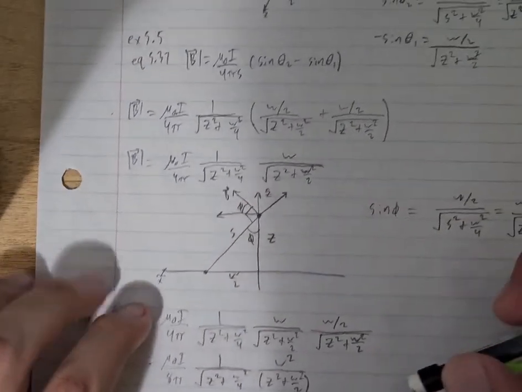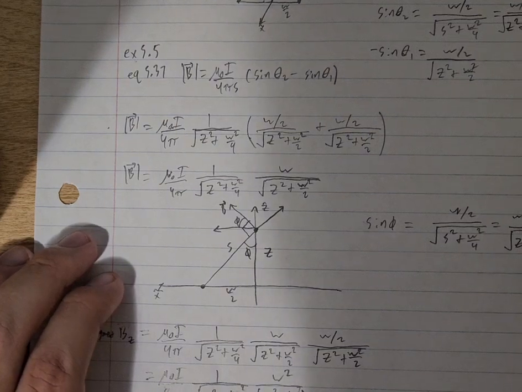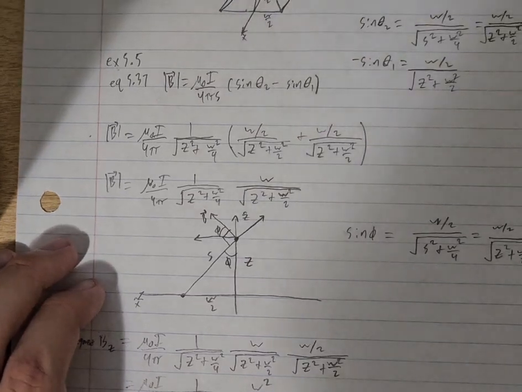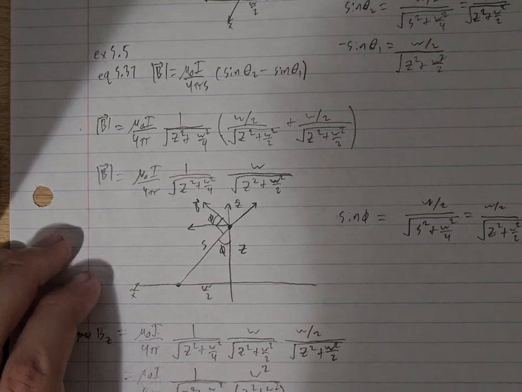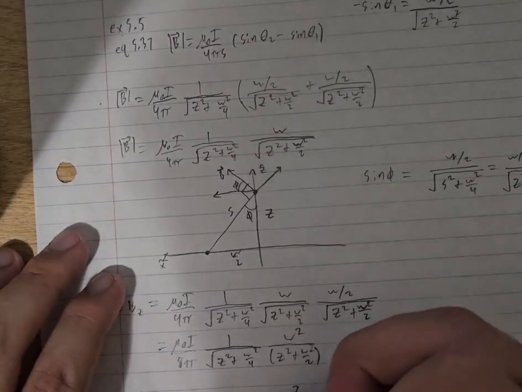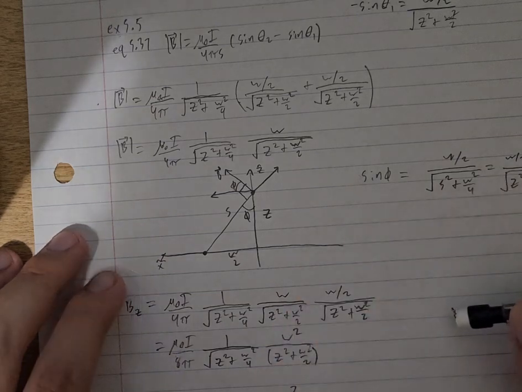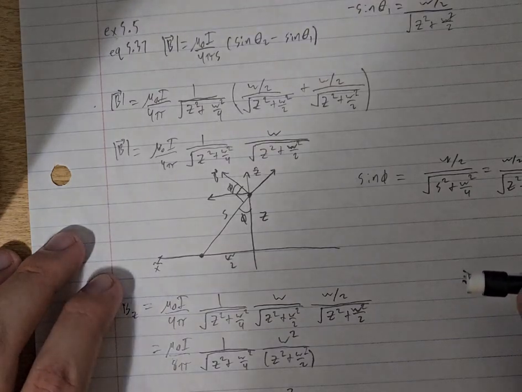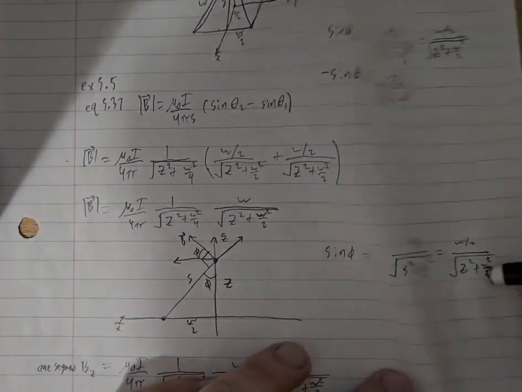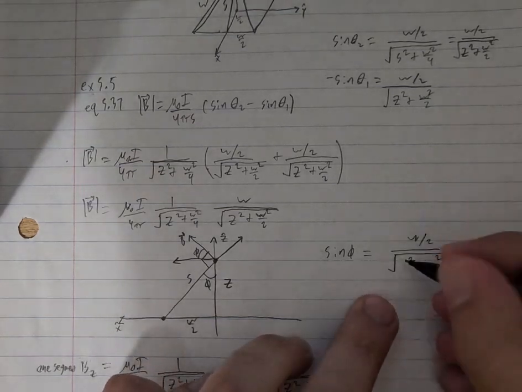I believe I made a mistake somewhere. This should be a 2. Oh, I missed this 4 here, because this is actually z squared, rather.